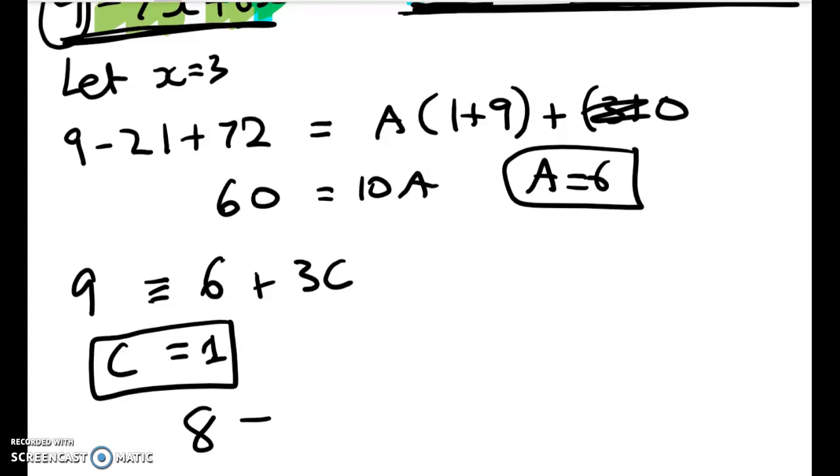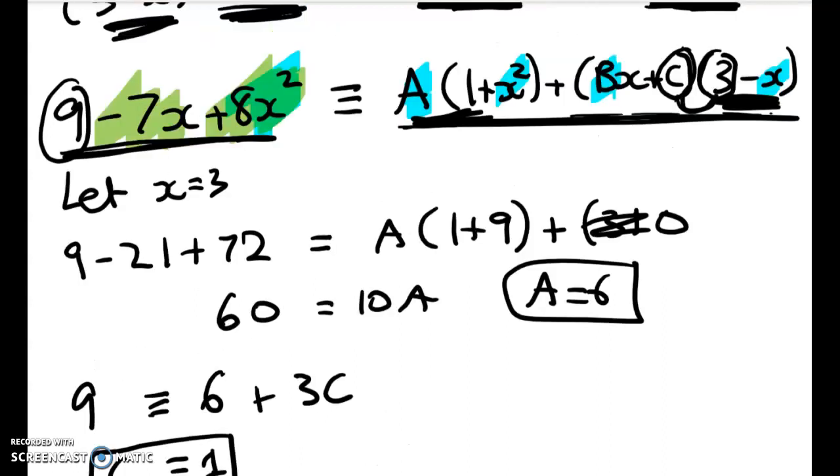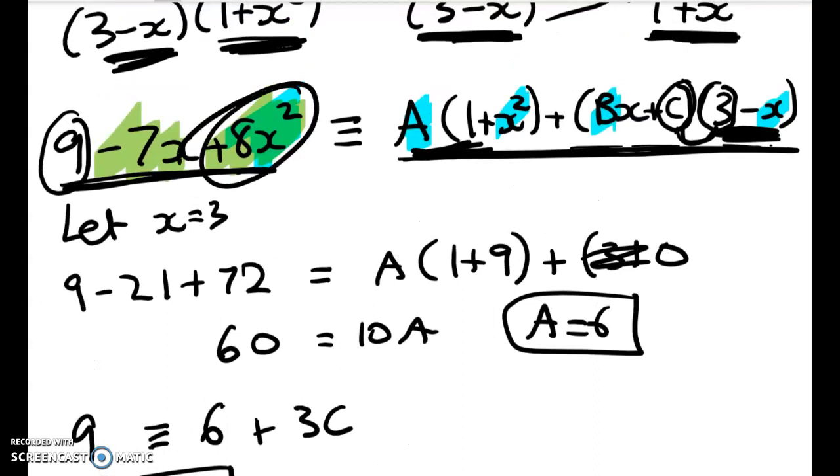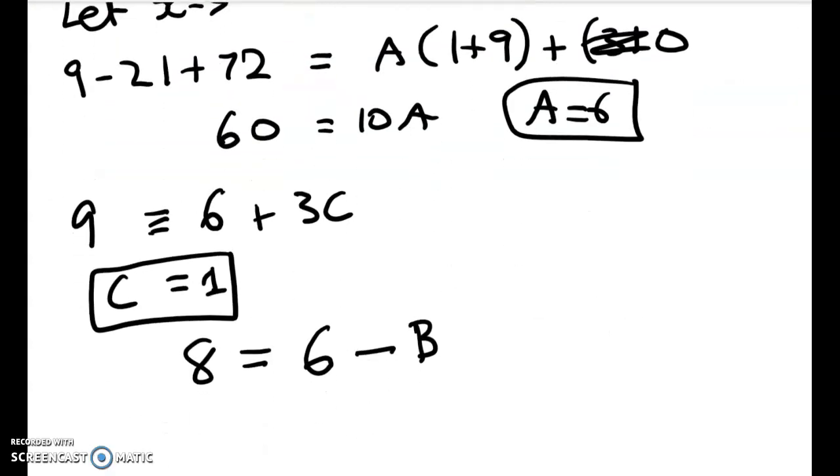So 8 is equal to 6, minus B. Let's look at that again. I've got 8 here, Ax squared here, minus Bx squared here. So that tells me that B has to equal negative 2.